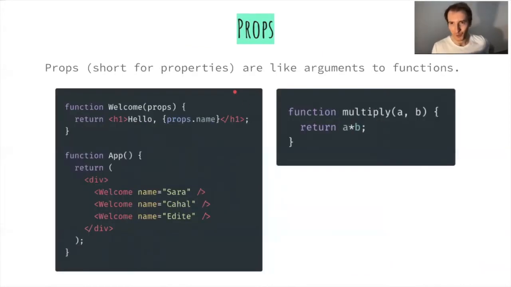A really important concept in React is something called props. Props is short for properties. And props are the things that we pass into functional components and class components in order to render those components to the screen. So you can think about them as being pretty similar to arguments to functions.